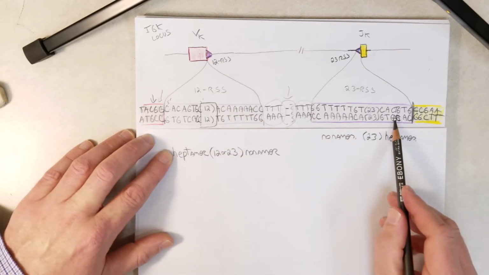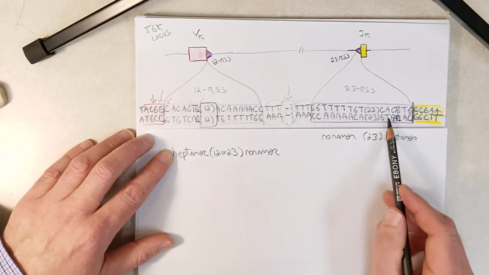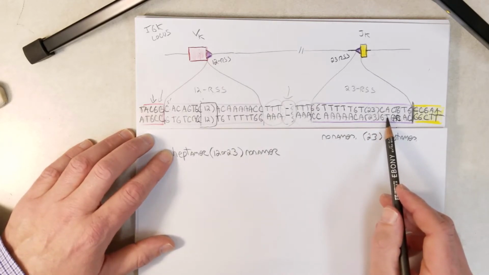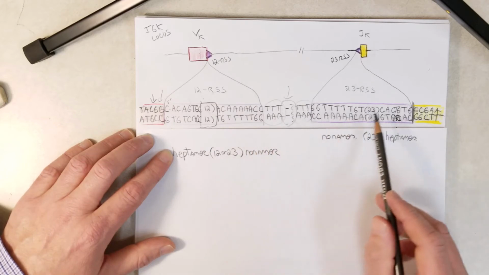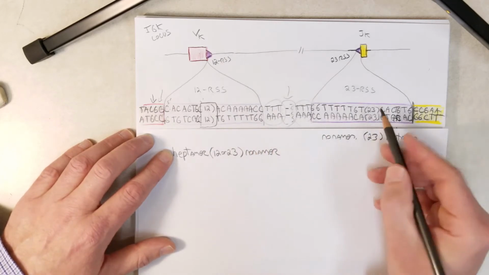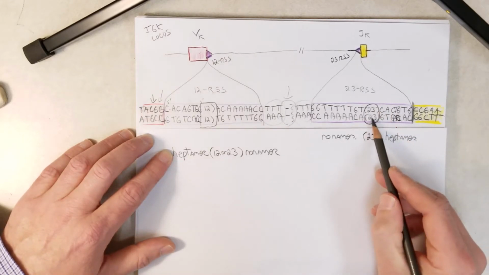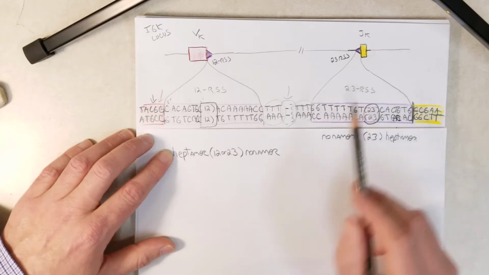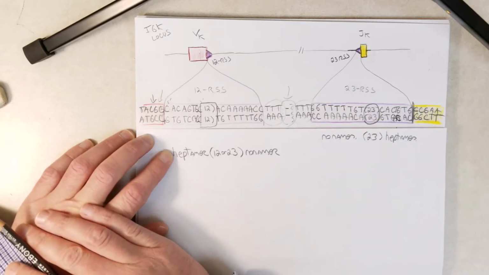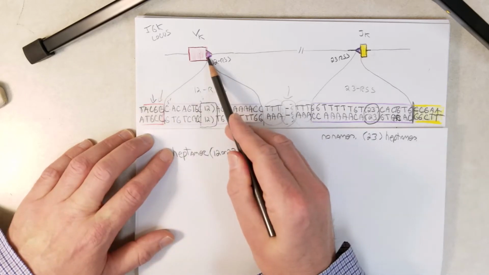Again, the consensus sequences of the heptamer and nonamer are nearly identical, or highly similar, between all RSSs, whether you're a 12 RSS or a 23 RSS. However, for the spacers, it doesn't matter what the sequence is here. As long as it's 23 base pairs long, this will function as a 23 RSS. So the RAG1 and RAG2 recombinases bind to these RSS sequences.